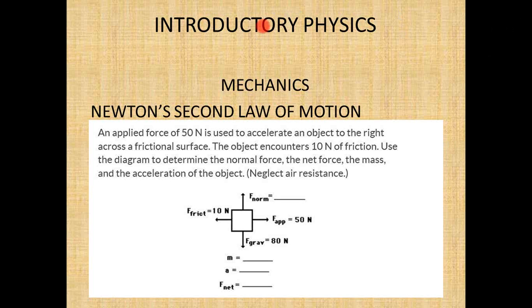So the force of gravity is going to pull the object downwards, and the normal force is going to be of the same magnitude but in the opposite direction.